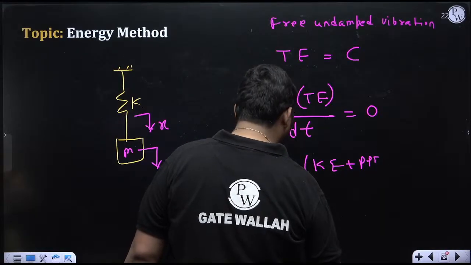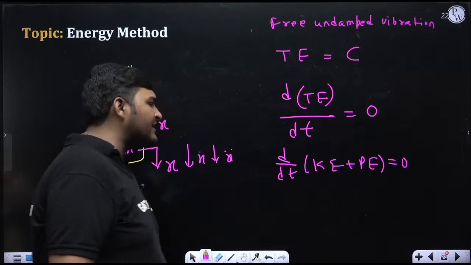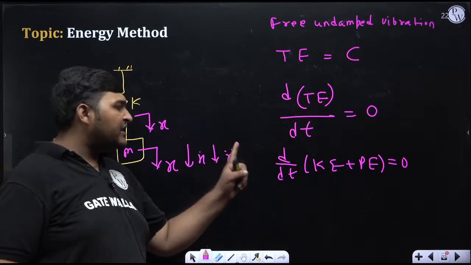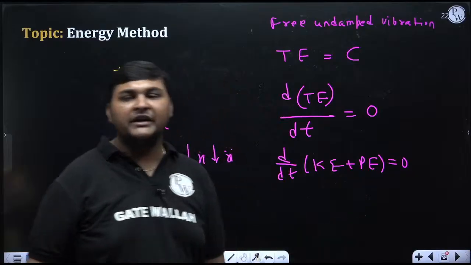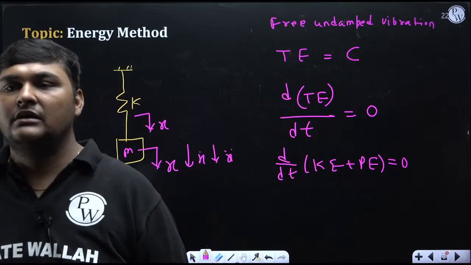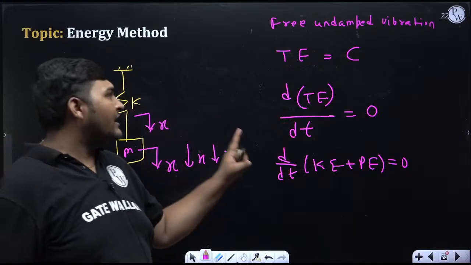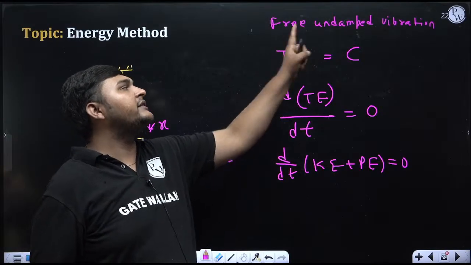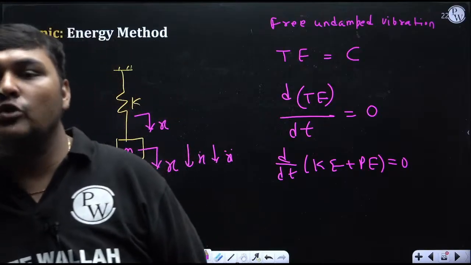So for the displaced position, we find the expression of kinetic energy and potential energy, add them, that will be total energy, differentiate with respect to time, and equate with zero. Automatically you will get the equation of vibration. Very simple. This is the energy method. But this method is only valid for free undamped vibration, because total energy will be constant only when there is no damping.